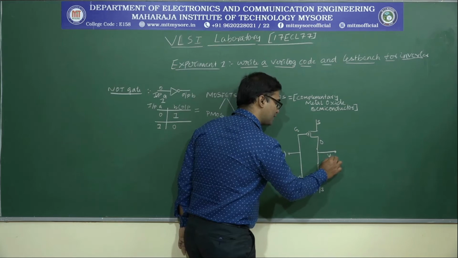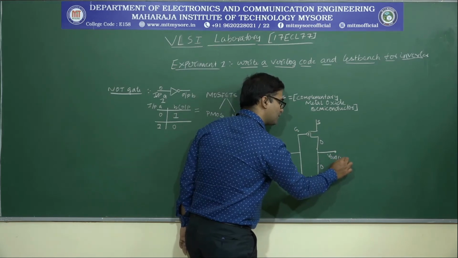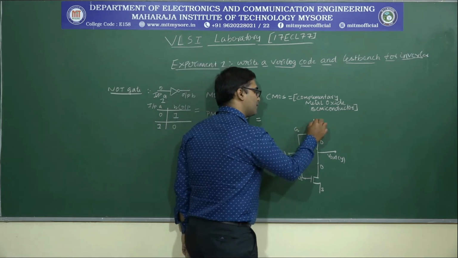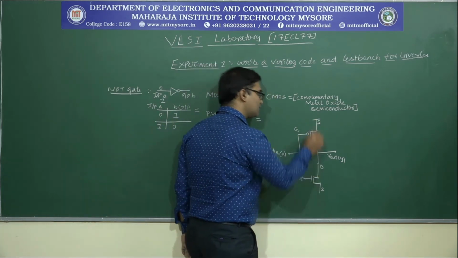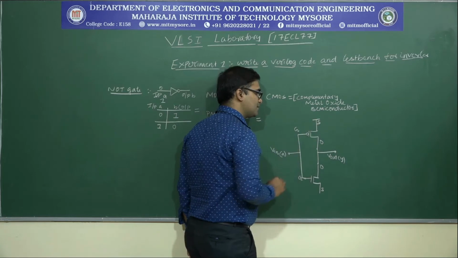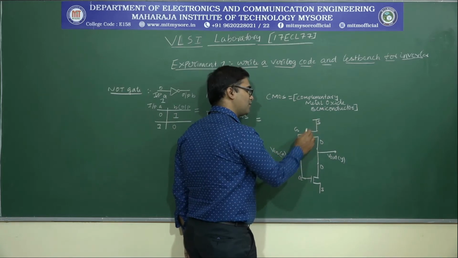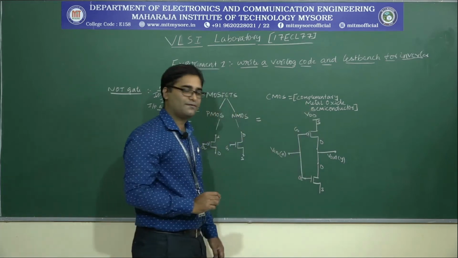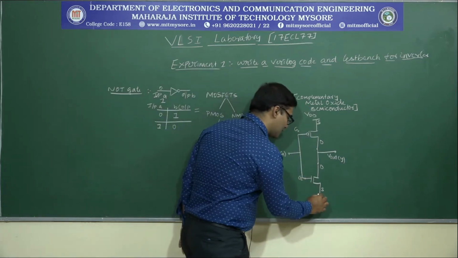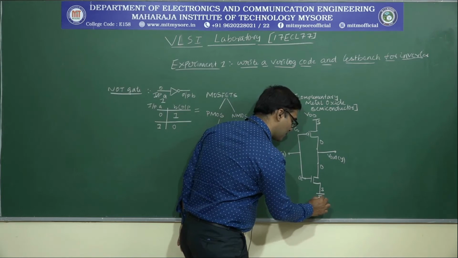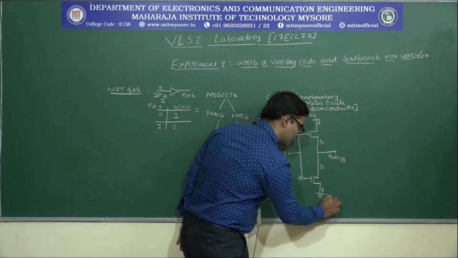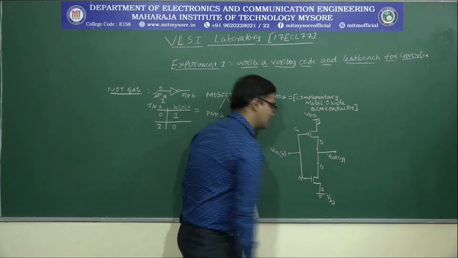Let us define this as Vout, which is Y, and we will have two supply voltages. The source terminal of the PMOS is connected to a supply voltage of VDD and the source terminal of the NMOS is connected to ground or VSS.